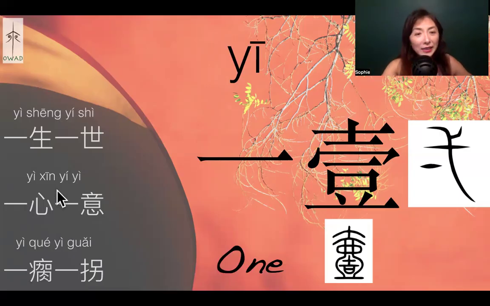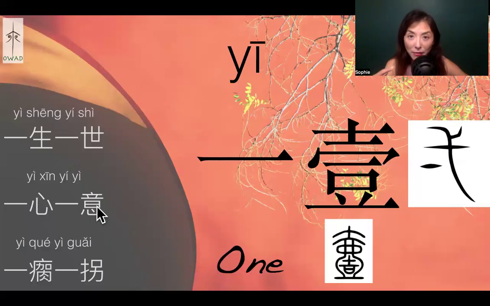Okay, 一心一意, same logic, because the second character, 心, is a flat tone. So we have to pitch bend the 一 to make it more melodic. 一心一意 means one heart, one intention. That means you're super dedicated to do something.